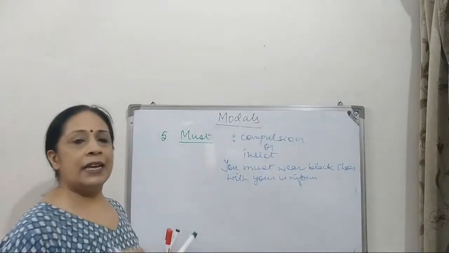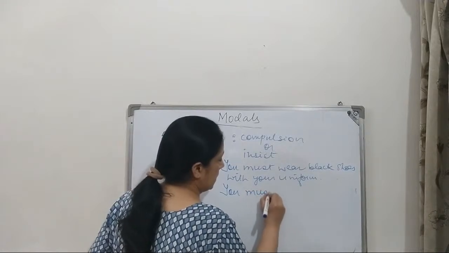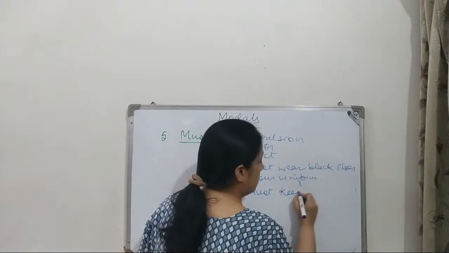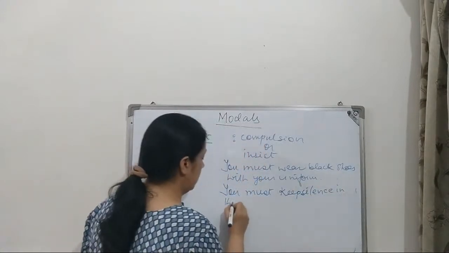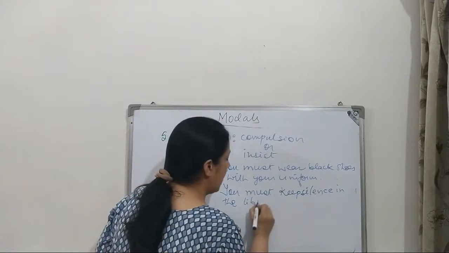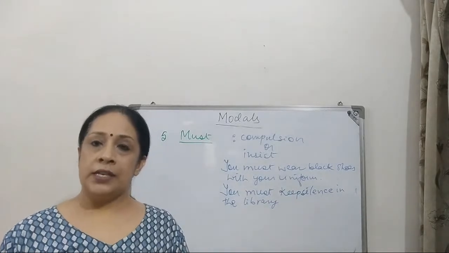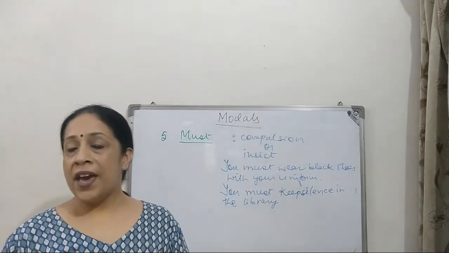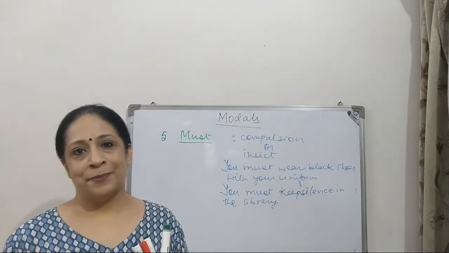Alright? And any other compulsion? You must keep silence in the library. You know, our library, I have seen sometimes it's very, very noisy, but library is a place where a person wants peaceful reading.